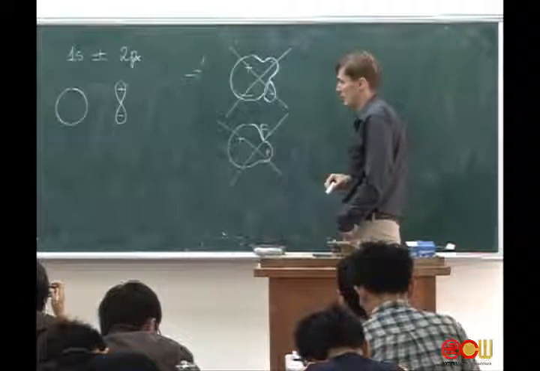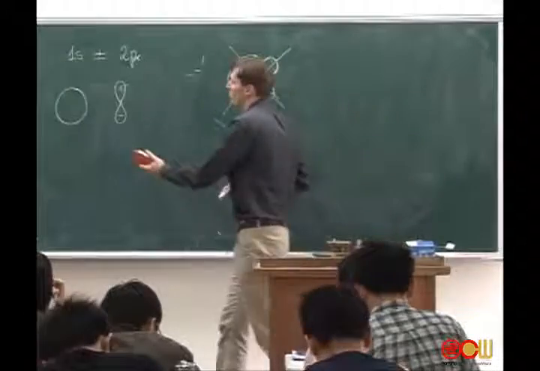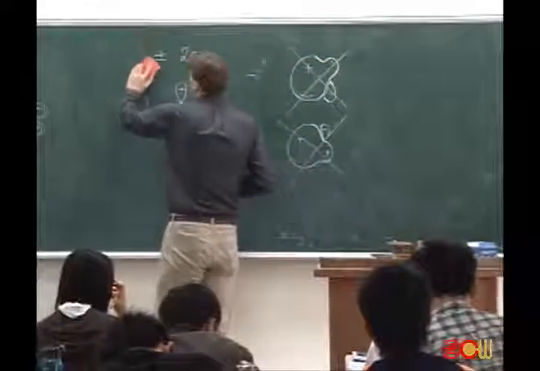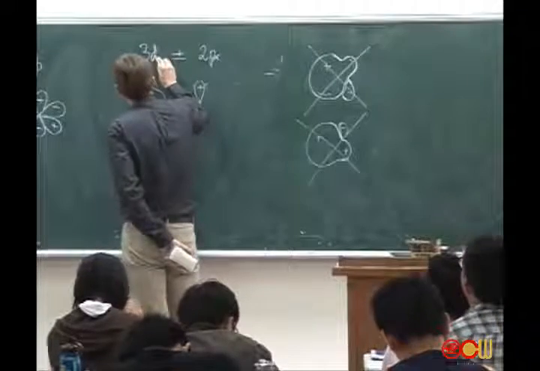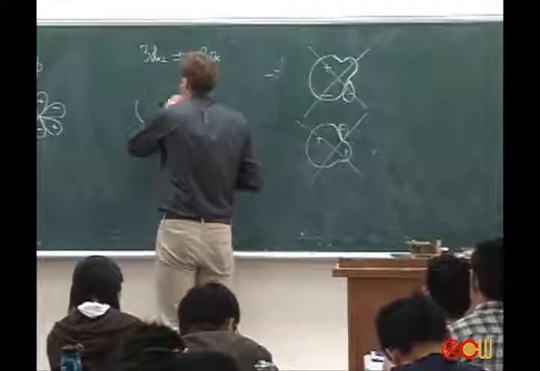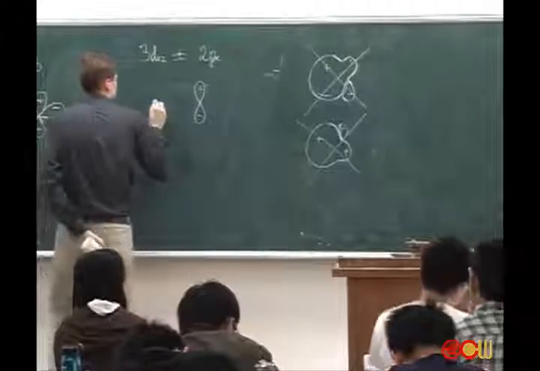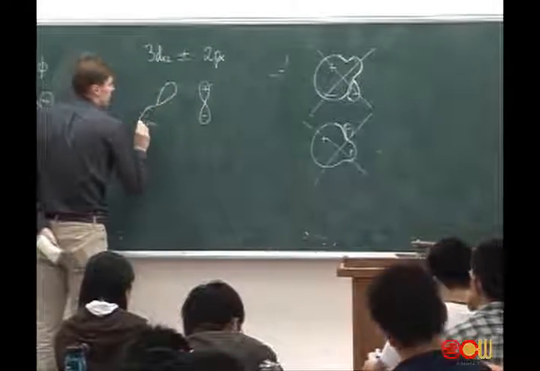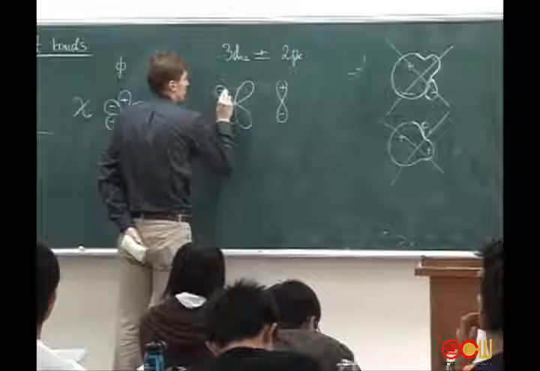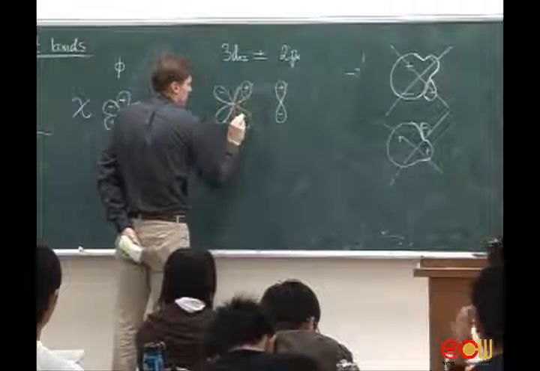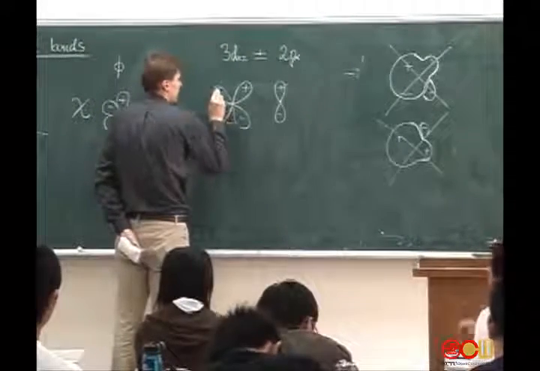Good. But of course, there is no problem to imagine a pi bond between the 3dxz orbital and the px orbital. 3dxz looks like that, with, where is plus? Plus, minus, plus, minus.